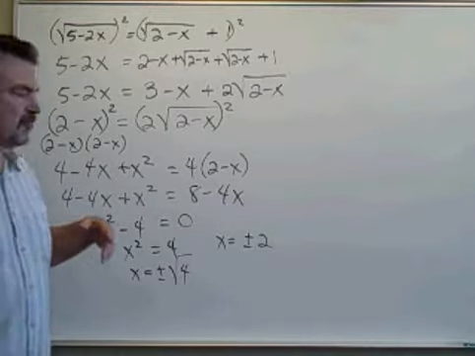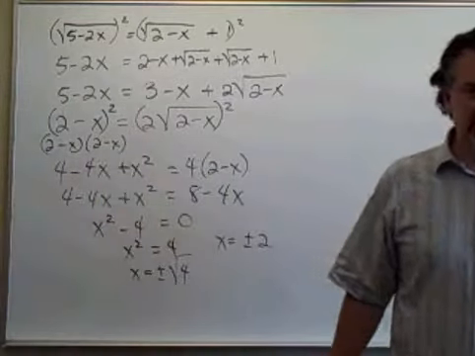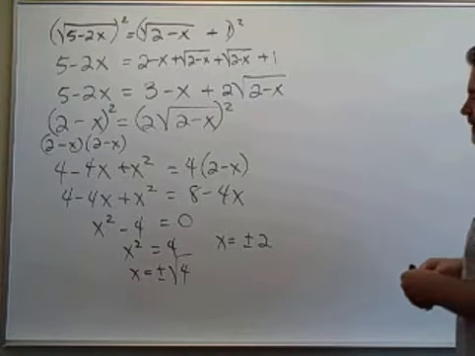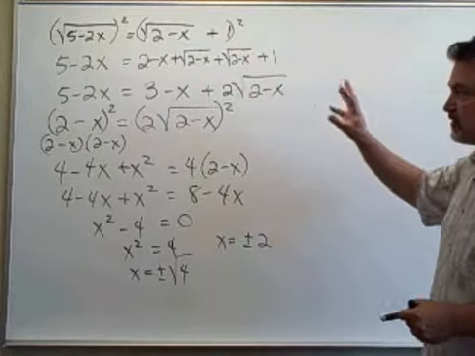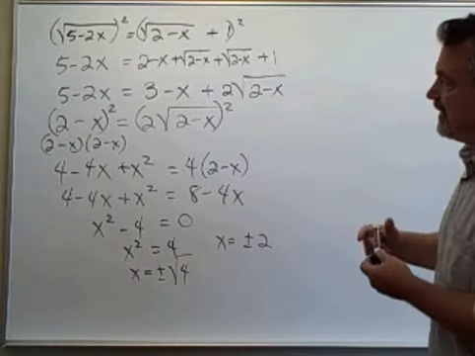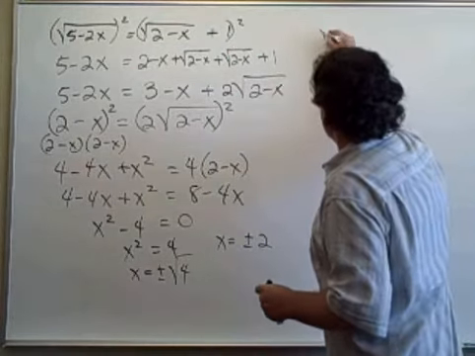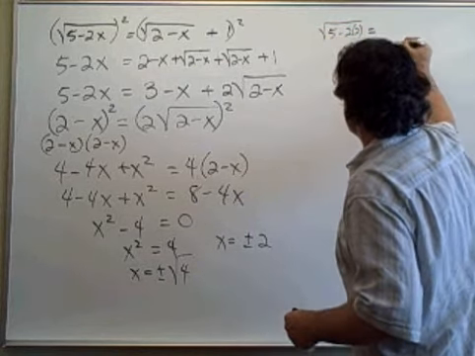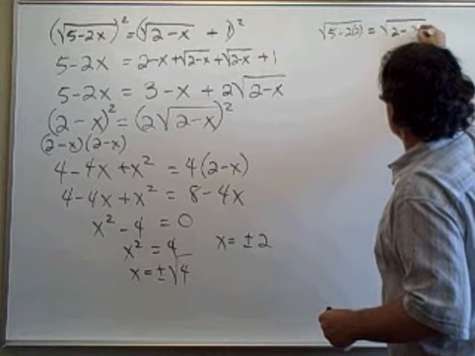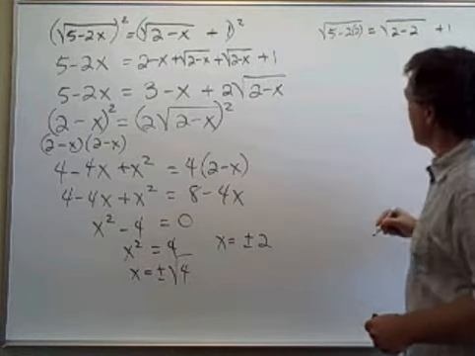So let's go back to the original equation and check those solutions. So if I take, back in the original equation, which of course didn't have the squares on each side there, if I take positive 2, it's going to give me the square root of 5 minus 2 times 2 is supposed to equal the square root of 2 minus 2 plus 1.